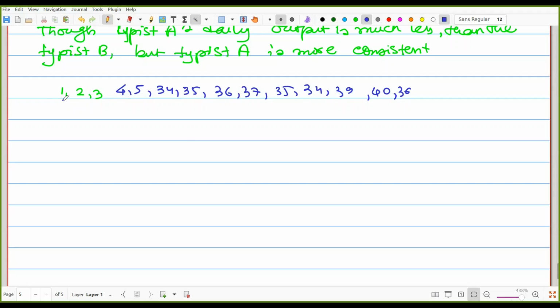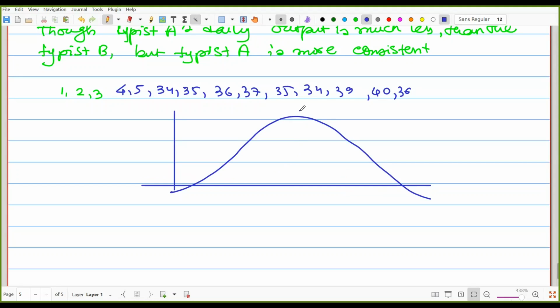And after that, if we find the data and the frequency distribution curve, we are getting it like a bell shaped or symmetrical. Then suppose the mean is 35.